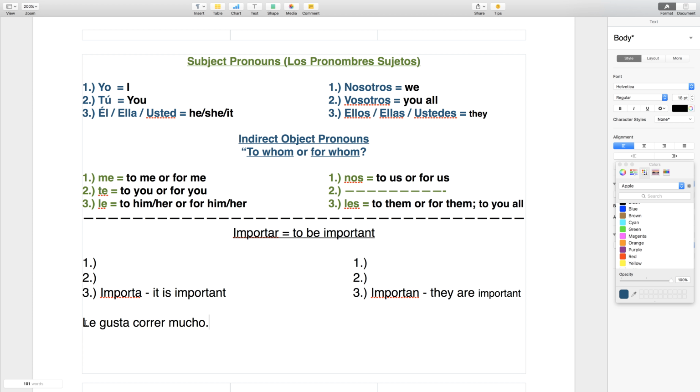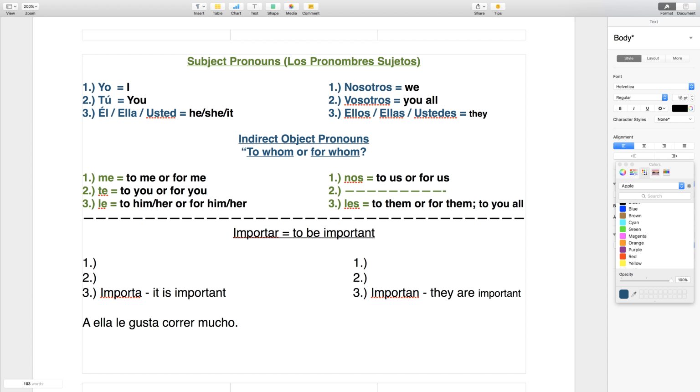Problem with this is immediately I'm asking myself, who is it that likes to run a lot? He or she. We can do this two ways. We can say a él le gusta correr mucho, that would be he likes to run a lot. We could say a ella le gusta correr mucho.